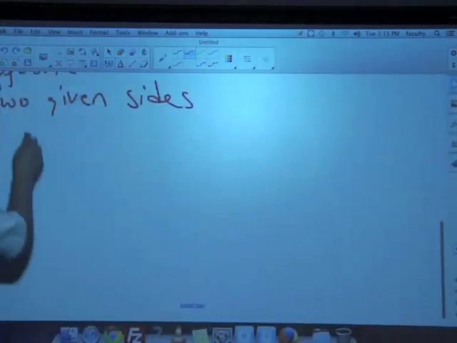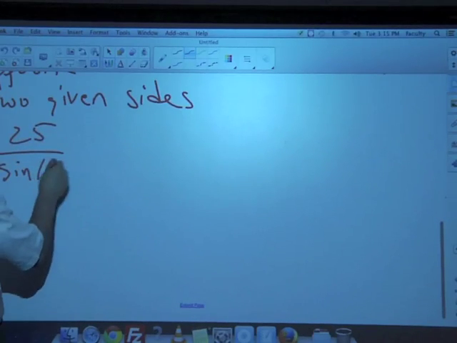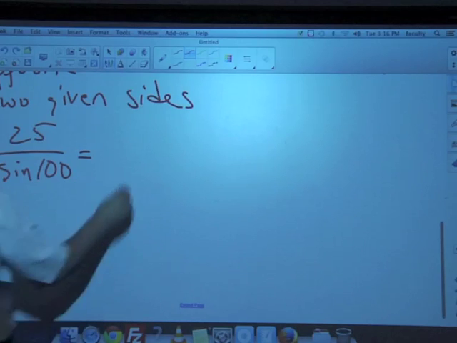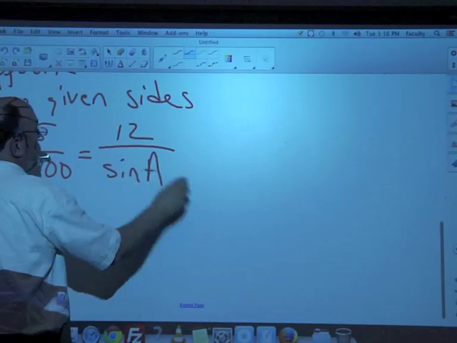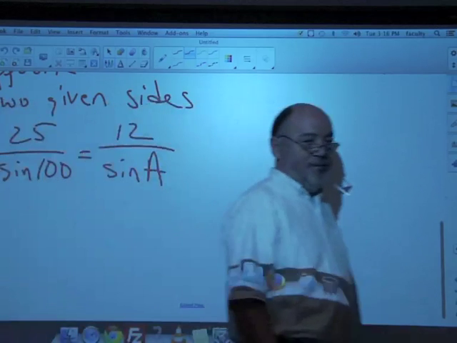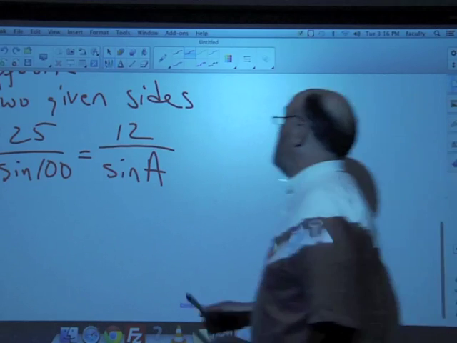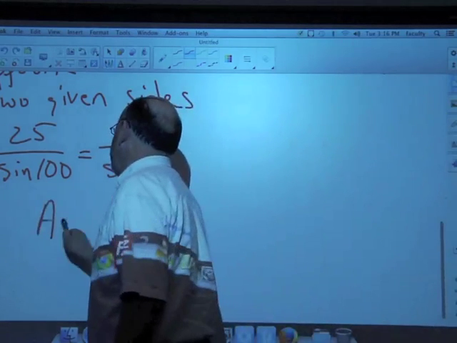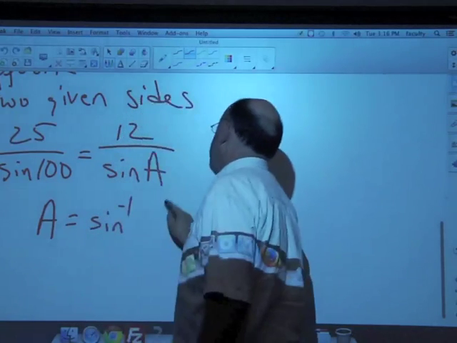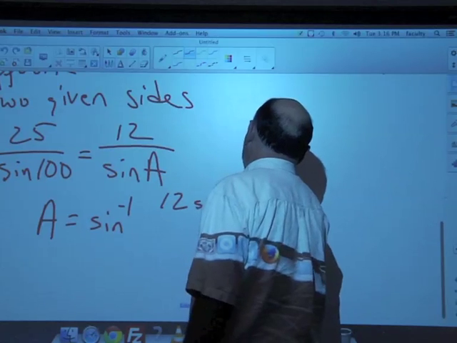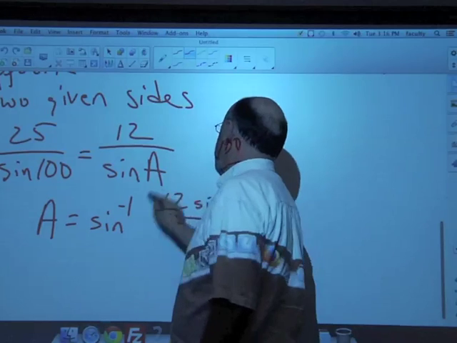So we got 25 over the sine of 100 is going to equal 12 over sine of A. Again, cross multiply, divide, take the inverse sine. So angle A is the inverse sine of 12 sine 100 over 25.